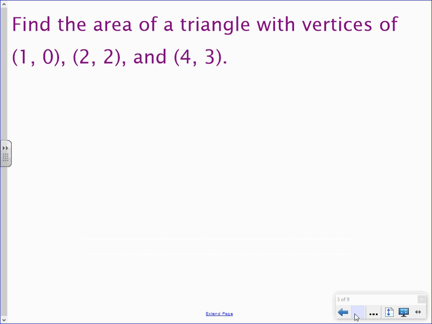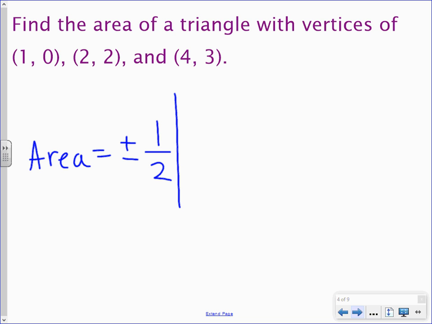So, go ahead and write down these three coordinates. Okay, so our area is plus or minus 1/2.